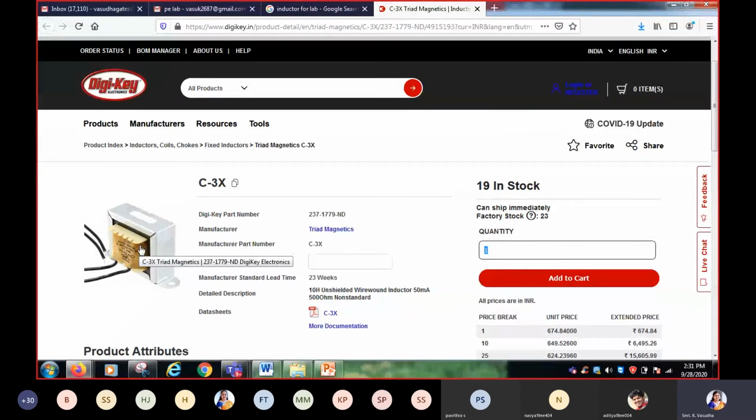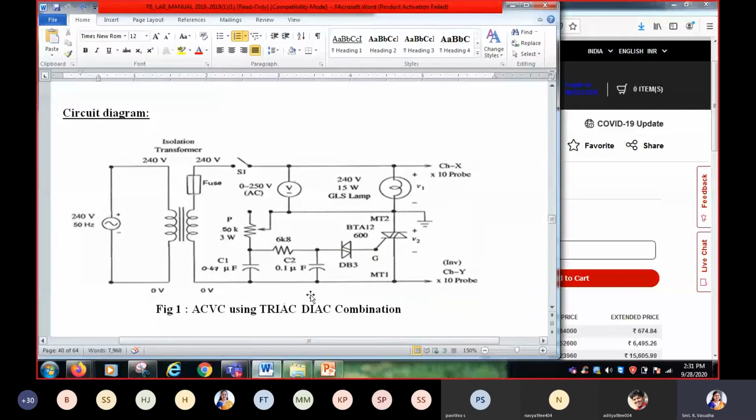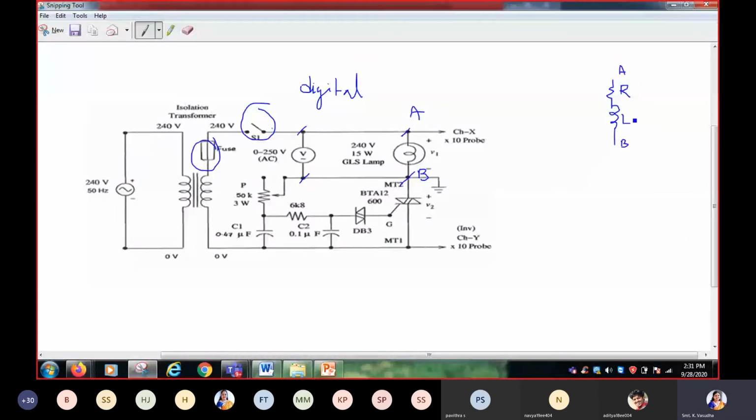The inductor looks the same, but it has only two terminals because it has only one winding, whereas a transformer has primary and secondary windings, so we had four terminals outside. For the inductor we'll be having only two terminals, so we will be using that inductor.